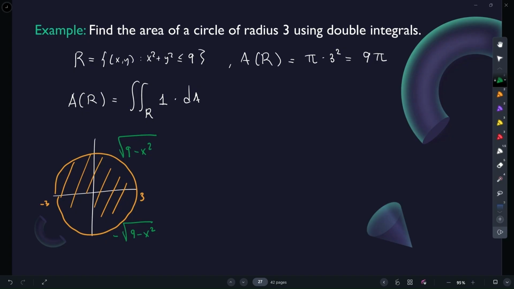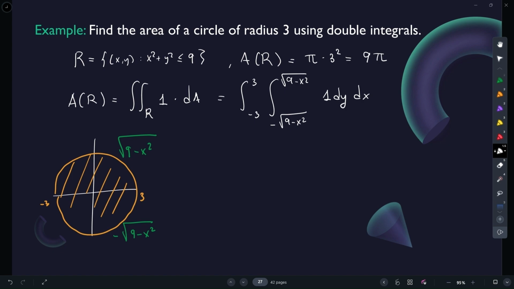That could be that I do just the integral in Cartesian coordinates. This could be the integral from minus 3 to 3 dx, integral from minus the square root of 9 minus x squared to the square root of 9 minus x squared of 1 dy dx.